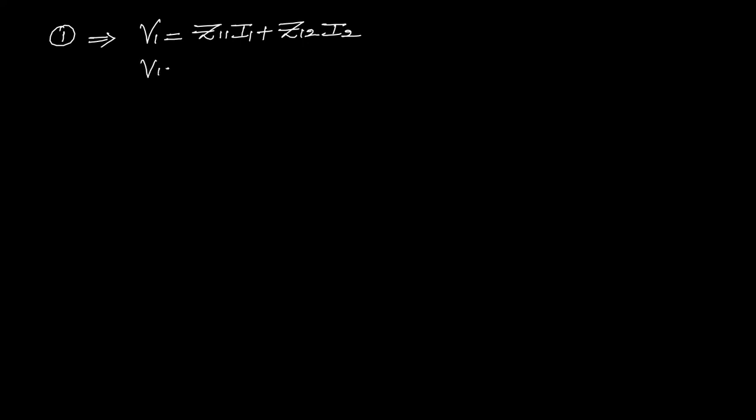Open circuiting port 1 means the value of I1 is 0, so instead of I1 we simply substitute 0. Z11 into 0 is 0, and the remaining term is Z12 into I2.